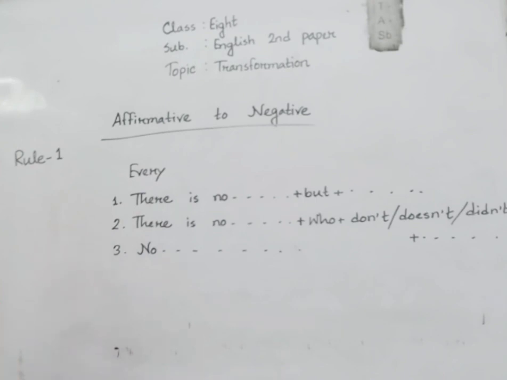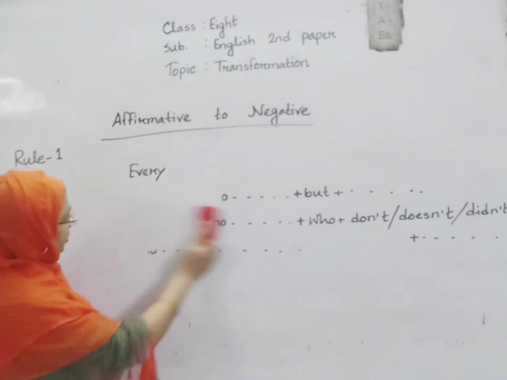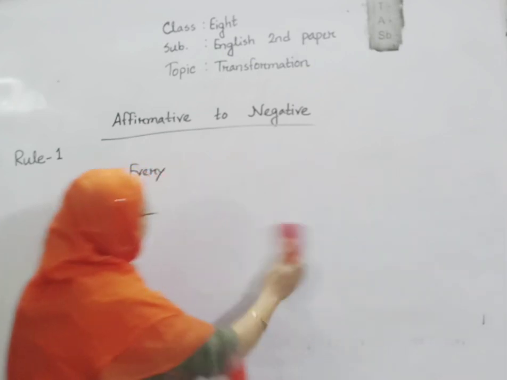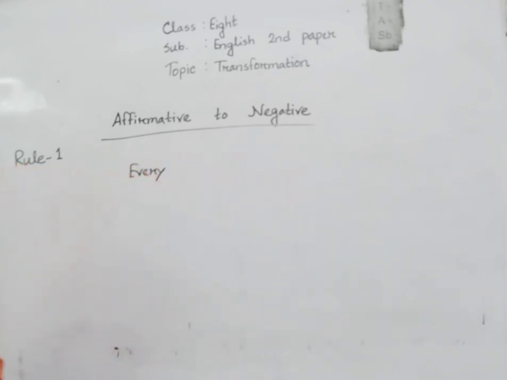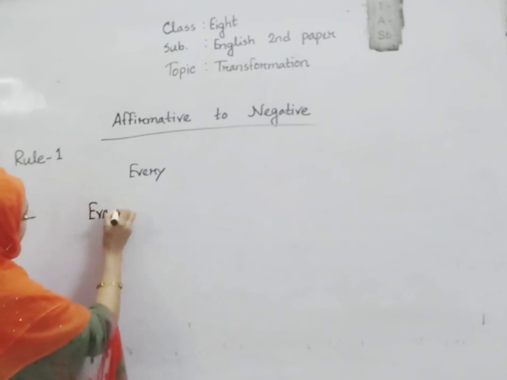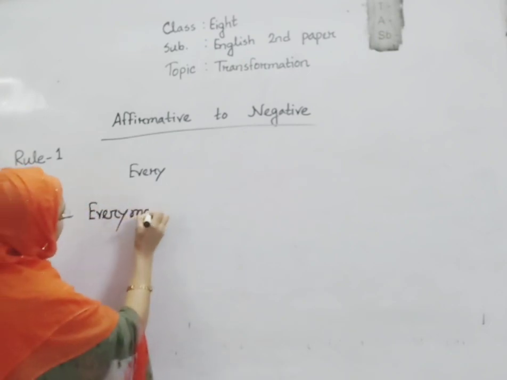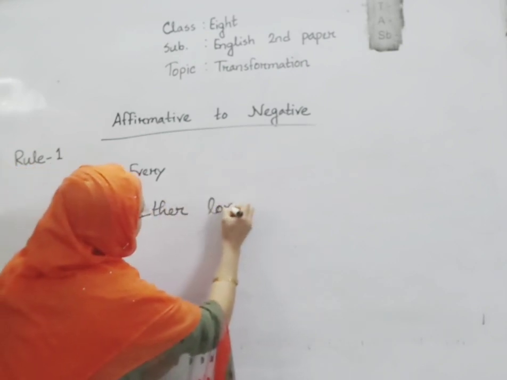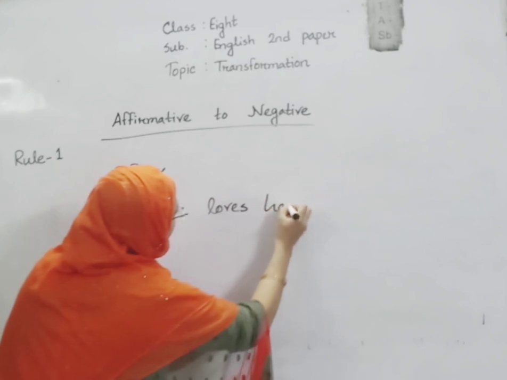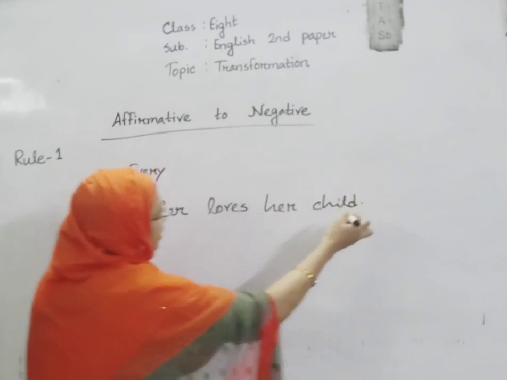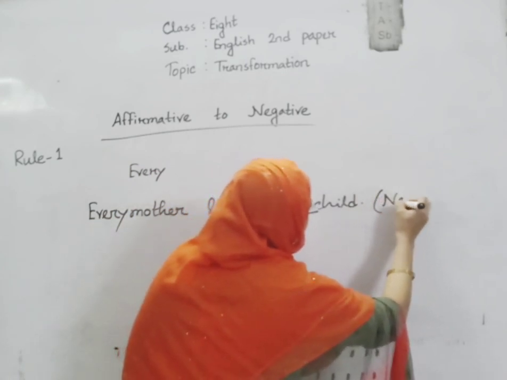So dear students, I am giving you a very popular and easy example, and that is every mother loves her child. You have to make it negative.